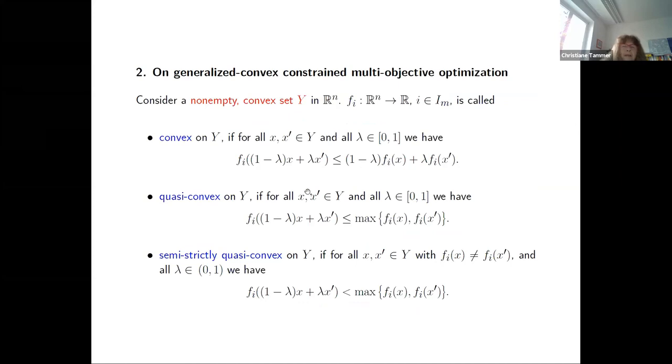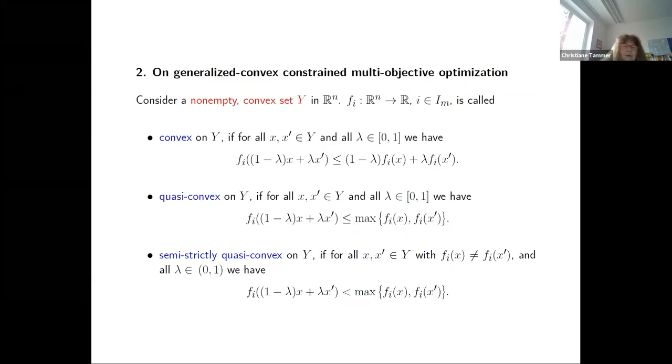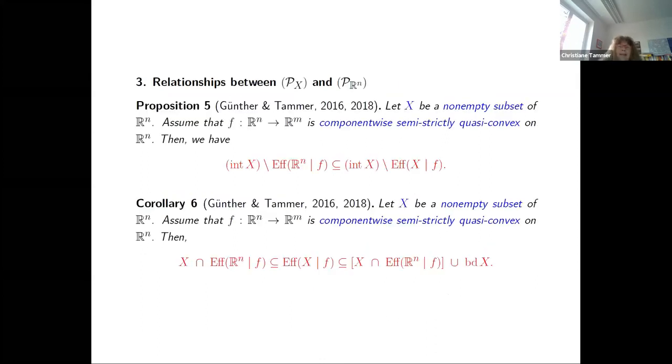In order to formulate the assumptions of certain assertions, we need some properties: the well-known convexity, quasi-convexity, and semi-strict quasi-convexity. These are well-known properties, and using the assumption that the objective function of the multi-objective optimization problem is component-wise semi-strictly quasi-convex, then we have this inclusion where we have here in this term the unconstrained problem and here the constrained problem.